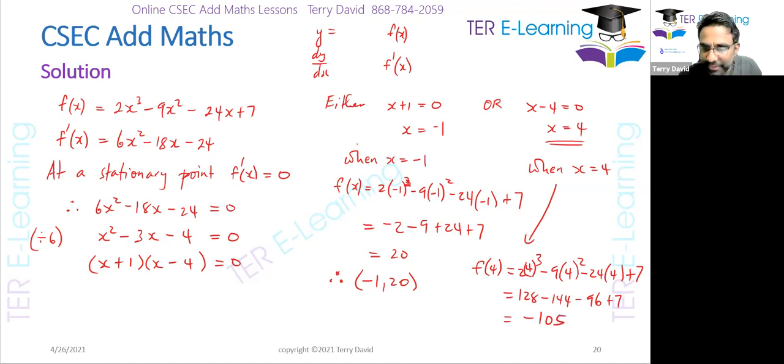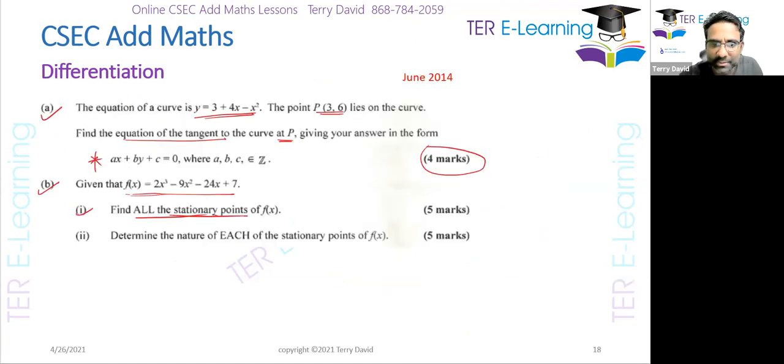So therefore the second coordinate of my stationary point will be 4, minus 105, right? So that's the answer for this part here.